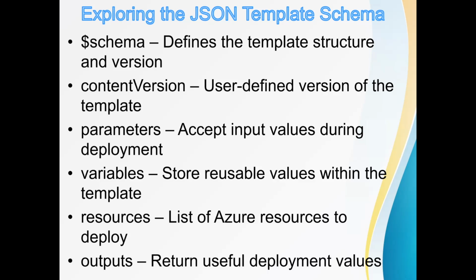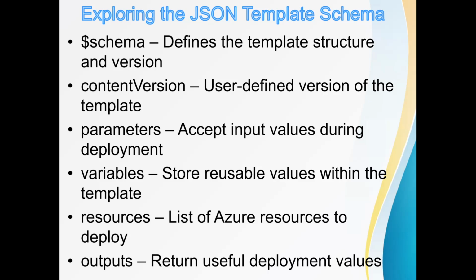Next, I would like to talk about exploring the JSON template schema. The JSON template schema defines the template structure and version. So the $schema part of the template will define the template structure and version. Content version: the user-defined version of the template will be mentioned in the content version part.